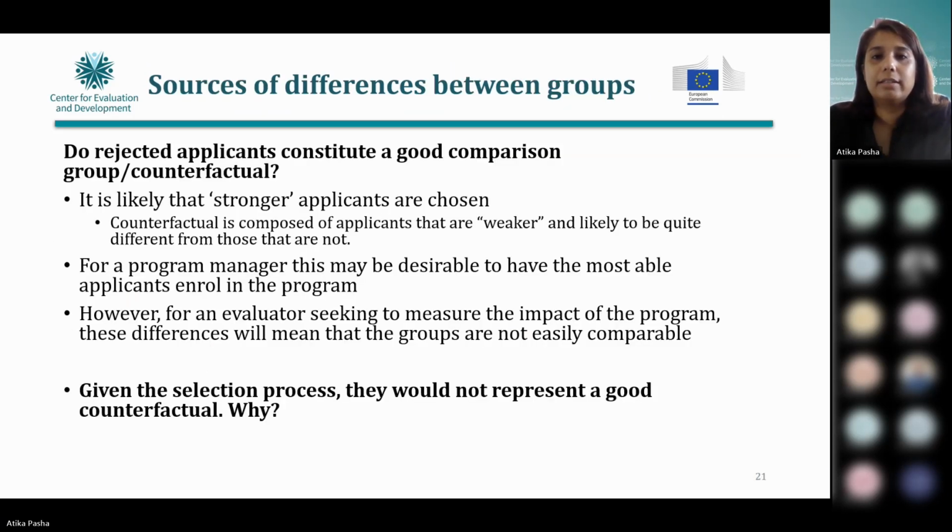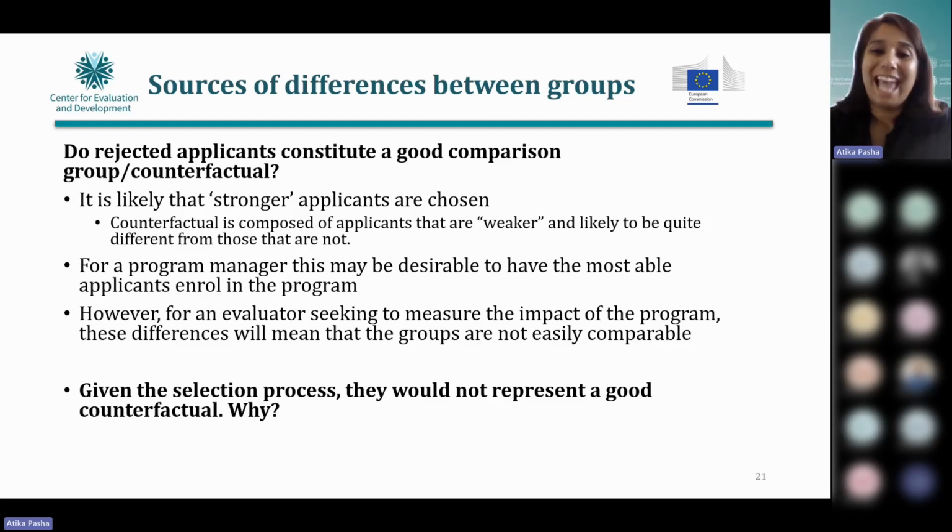The simple answer is not really. The idea is that in selection programs, and again, I don't have to explain how selection programs work to everyone here, you choose a particular set of applicants very often, or you have certain criteria to target these applicants.